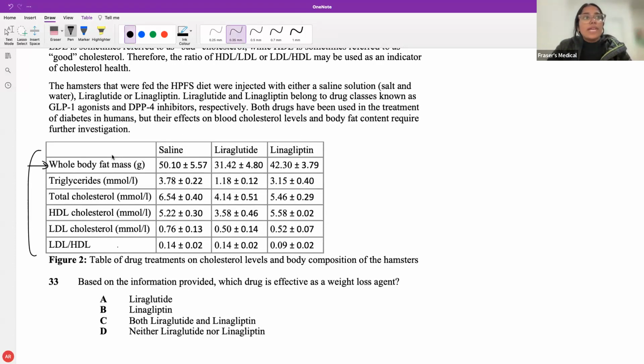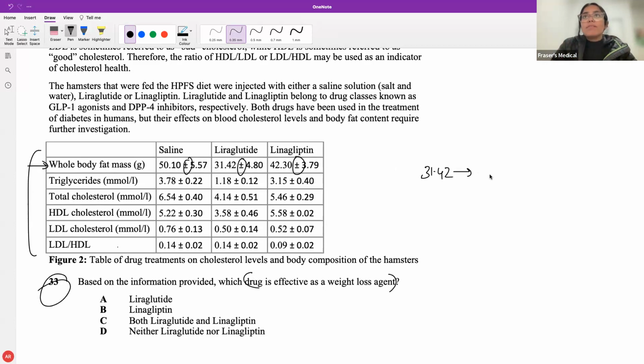If we answer question 33, which says which drug is effective as a weight loss agent, for weight loss we look at whole body fat mass. Across the three, we can see that it's plus or minus, so it has confidence intervals. For liraglutide, for example, 31.42 is its middle point.